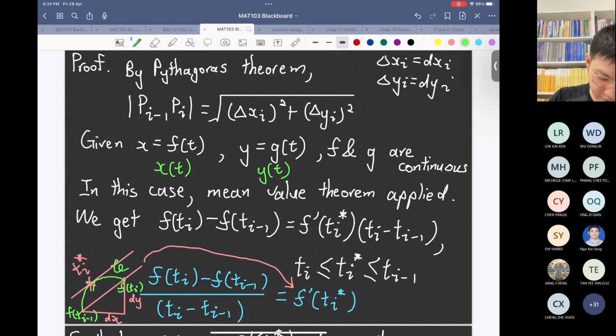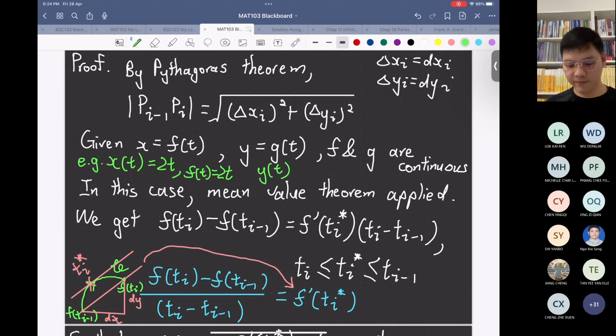So let's say, for example, s(t) is equal to 2t, then f(t) will be equal to 2t. This is the definition of a parametric curve or plane curve. It's defined by two parametric equations.